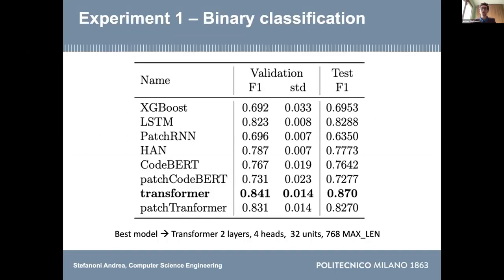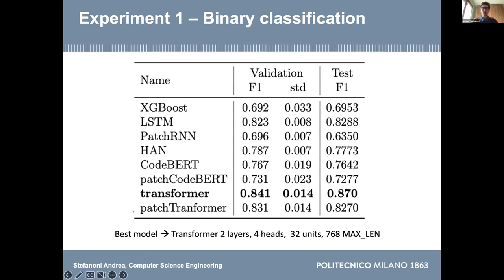So the first experiment was a binary classification on the first dataset, and we can see that the transformer has the best results. CodeBERT didn't achieve good results, mainly because the pre-training technique was not too relevant to the task, and the data available for the fine-tuning was not sufficient for fine-tuning all of these weights and parameters.